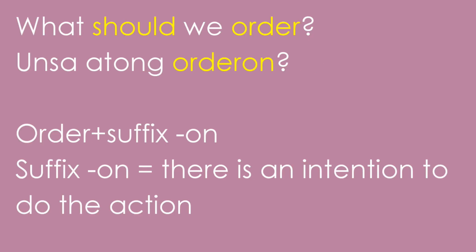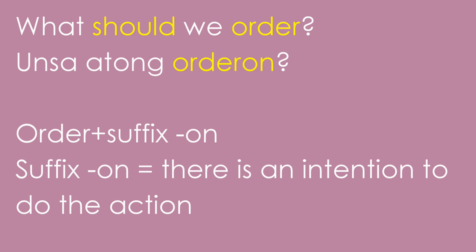Orderon, orderon. So the R here is more emphasized. Orderon is should order. Okay, so we have adopted some English terms and we use it sometimes in our day-to-day conversation.